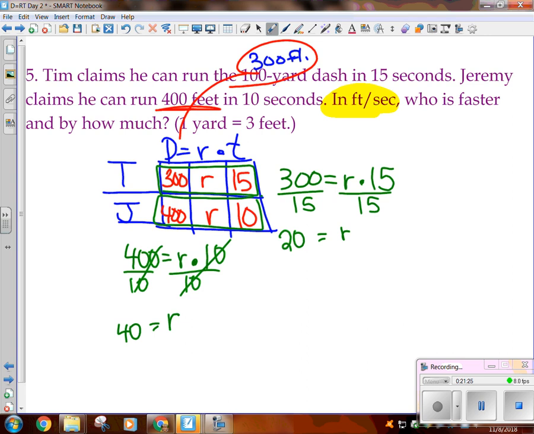So the question says, in feet per second, who is faster and by how much? Okay, right. So Jeremy is faster. And it's 40 minus 20, which is 20 feet per second faster.